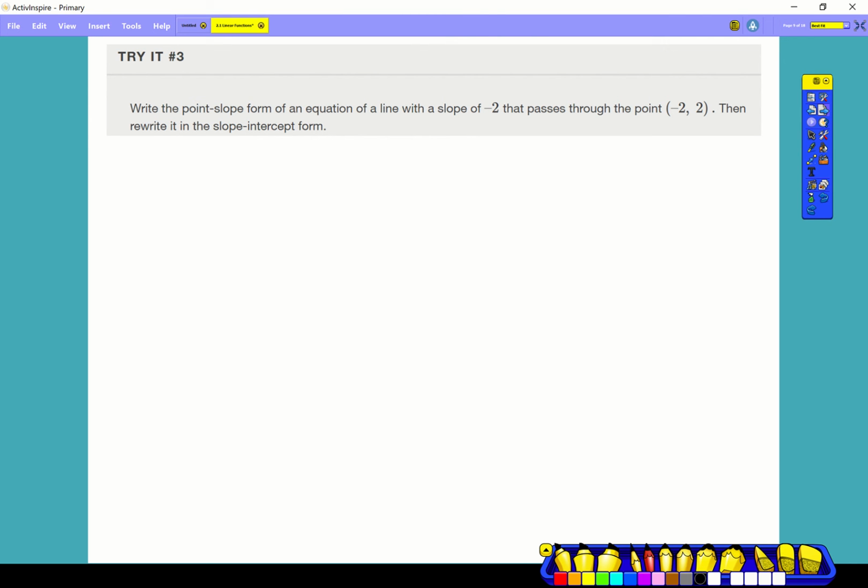Write the point slope form of an equation of a line with a slope of -2 that passes through the point -2, 2. So it's y minus y1 equals m, x minus x1, and this is the point slope form. So we're going to have y minus 2 equals, the slope is -2, x minus -2, so that's plus 2.